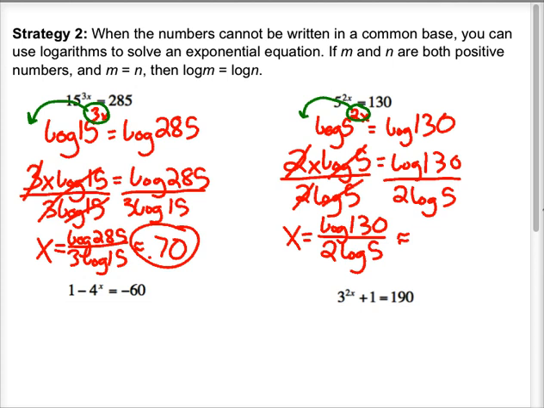And when I type it into the calculator, again, make sure you're typing it in carefully, log of 130 divided by 2 divided by log of 5. If you type that in correctly, you get 1.51 as your answer.